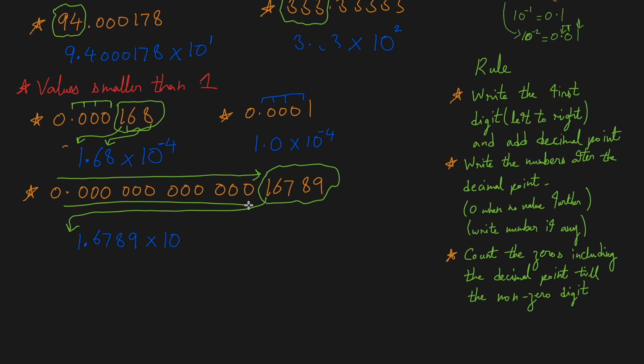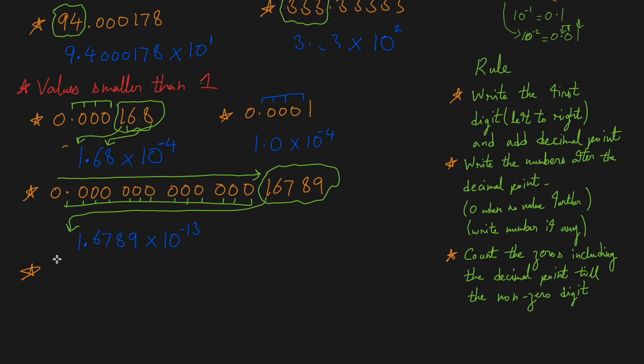So how many is it? Including the decimal point, we have 1 2 3 4 5 6 7 8 9 10 11 12 13. 13 we will write as tens power 13, minus sign, the negative sign, which basically means values are smaller than 1. Let's take another example of it.